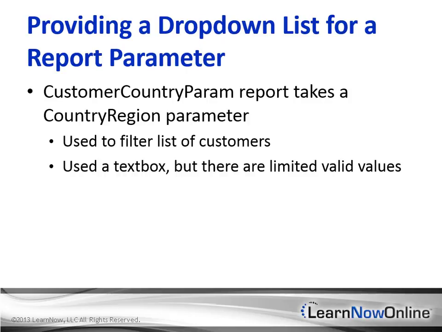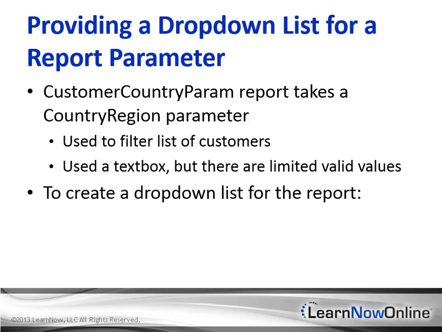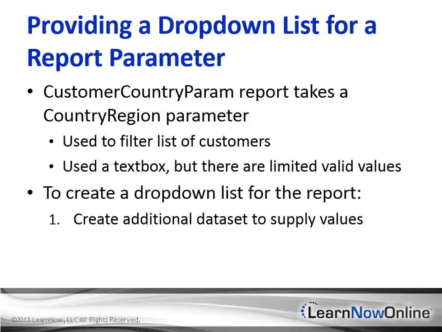Specifically, it's the set of all countries that appear in the data set returned by the Select Customer by Country stored procedure. To create a drop-down list for a parameter, you need to perform two steps. First, you need to create an additional data set that will supply the drop-down list.